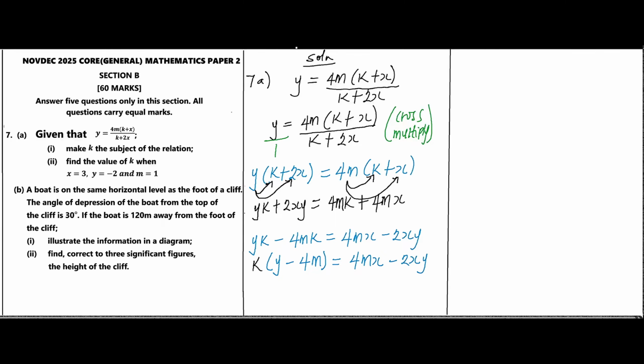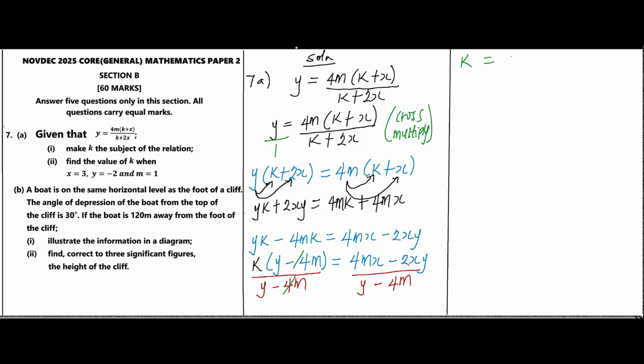So what do we do next? Since we are looking for k, we can divide each term by y minus 4m. So y minus 4m will cancel out, leaving k on the left.